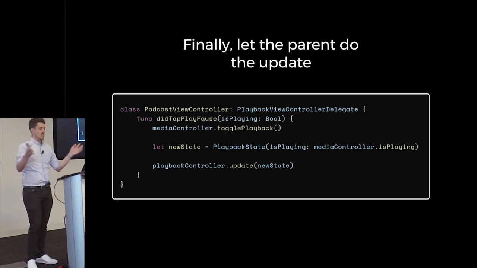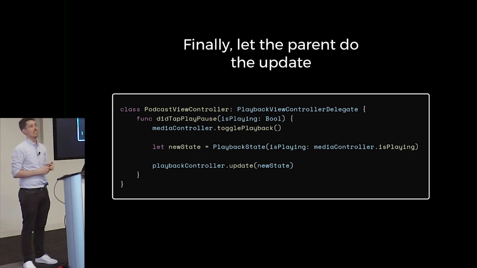And then the last part is to let the parent do the update, right? So now, instead of us telling the parent, hey, I've changed, the parent is going to get the real source of truth from whatever media controller is controlling the playback of the podcast. And then it can create a new state that it sends down to its child.